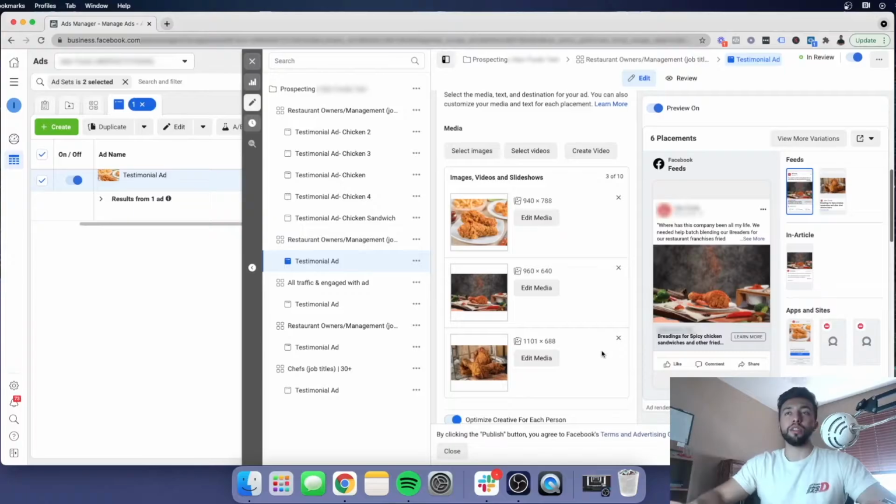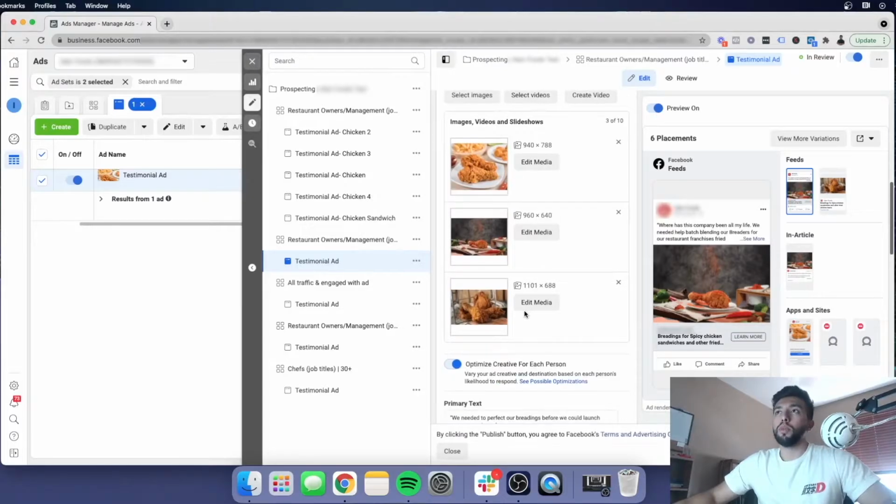I had a high cost per lead. Eventually I started that new campaign where I was split testing the images, got the best images from there, added them here, and removed the ones that I saw were bad in the split testing. So that's basically what I did.